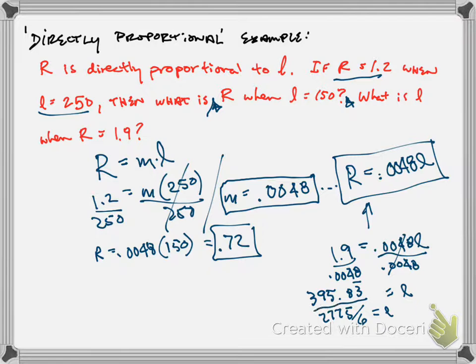As you get more comfortable working with these decimals, this repeating decimal, 0.83 repeating, is actually 5/6. And so another way to write this would be 395 and 5/6. So L is 395 and 5/6.